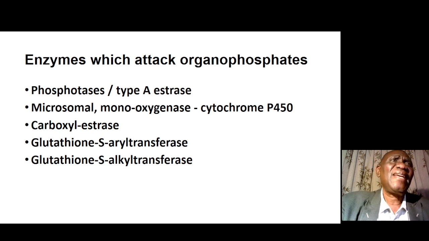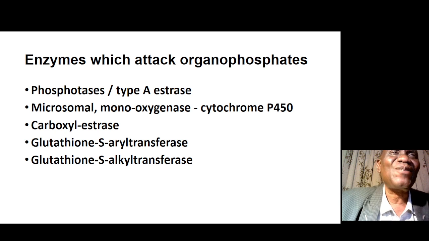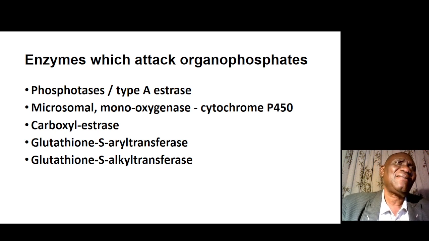Now we have enzymes which can attack organophosphates. We have got phosphatases, a type of A esterase, microsomal monooxygenase, which is basically cytochrome P450, or you can simply call it cytochrome P450.